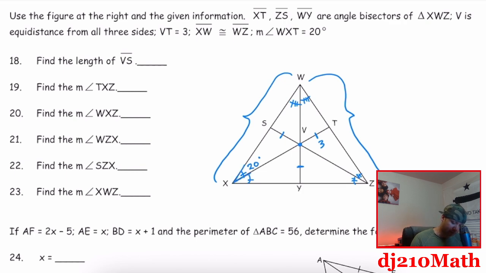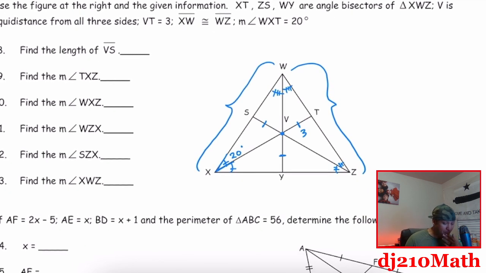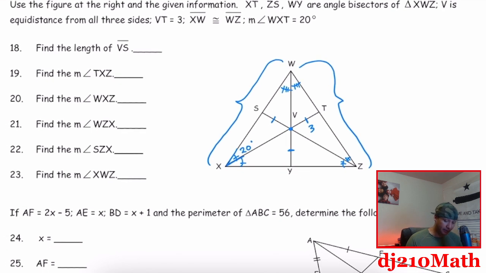All right, there's a lot going on. So find the length of VS. Well, that's 3 because it's congruent to VT.